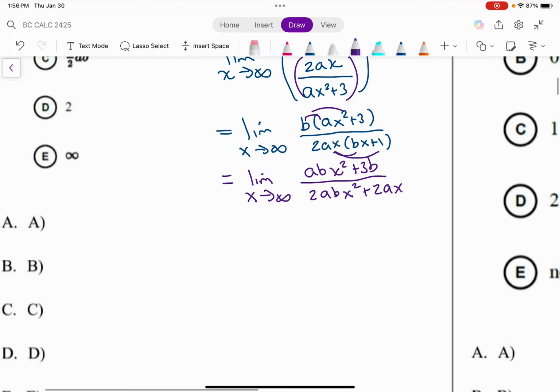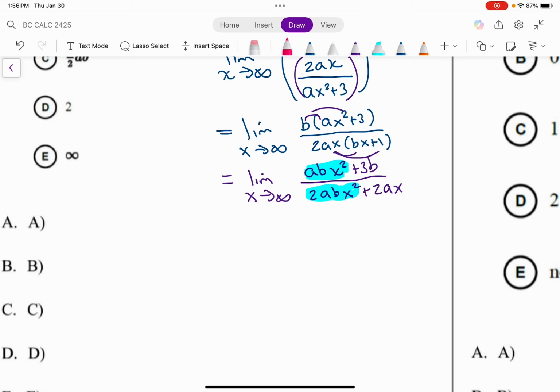So this is a rational function, and there are a couple of approaches you could take to get to the right answer. One is to notice that the end behavior is going to be the ratio of the leading coefficients. So it should just be ab over 2ab, which is 1/2. So the answer is 1/2.